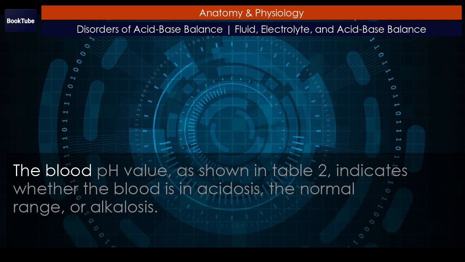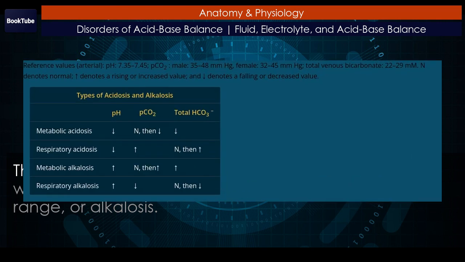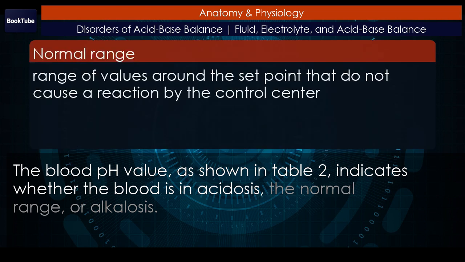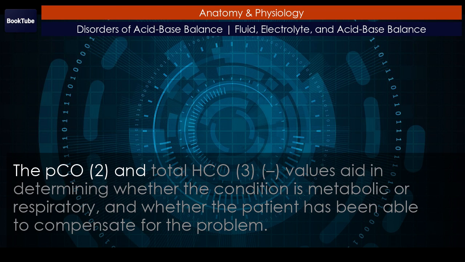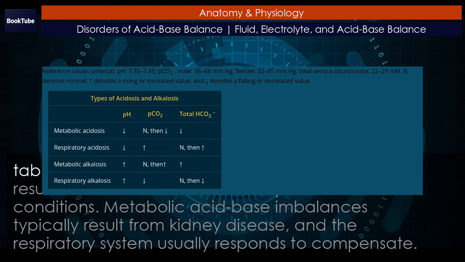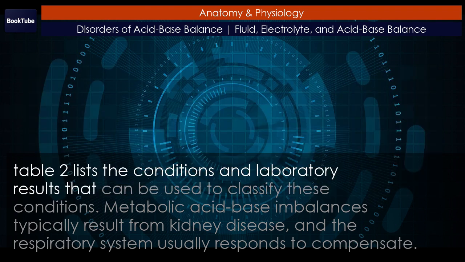The blood pH value, as shown in Table 2, indicates whether the blood is in acidosis, the normal range, or alkalosis. The PCO2 and total HCO3- values aid in determining whether the condition is metabolic or respiratory, and whether the patient has been able to compensate for the problem. Table 2 lists the conditions and laboratory results that can be used to classify these conditions.